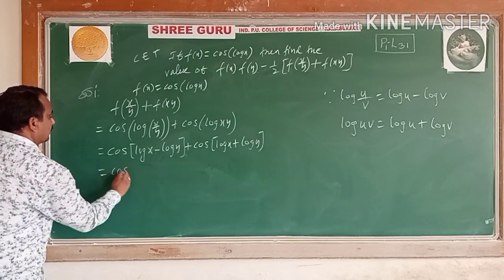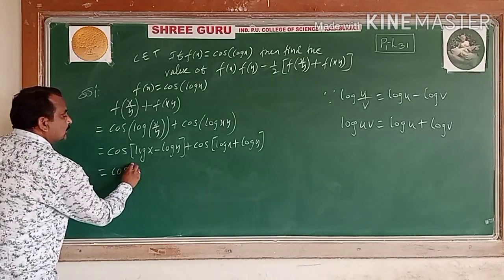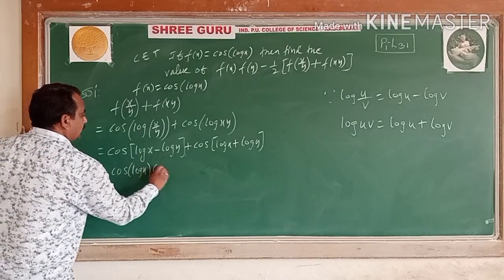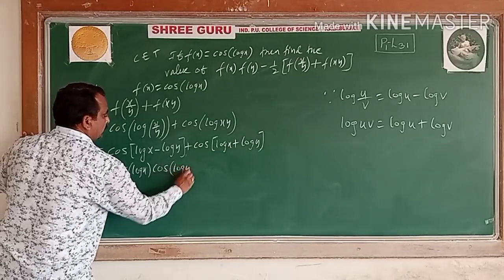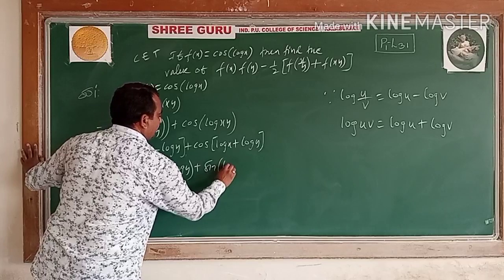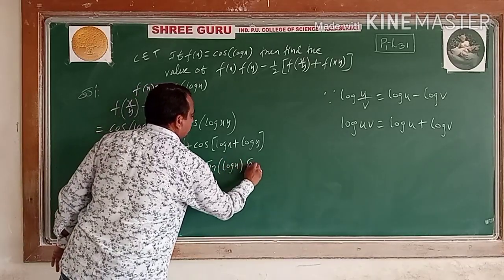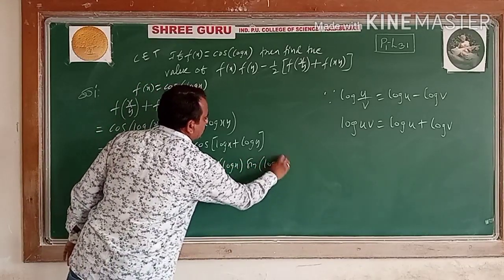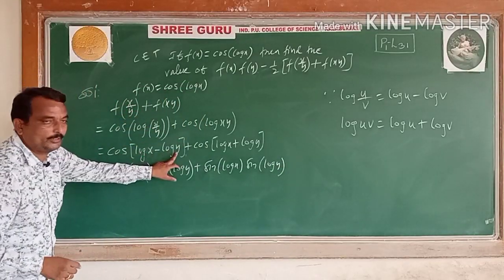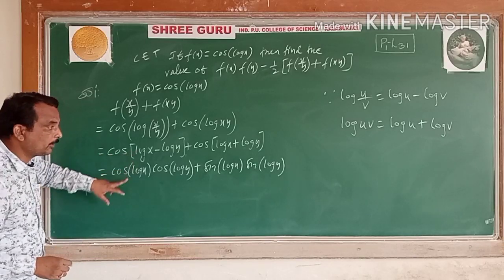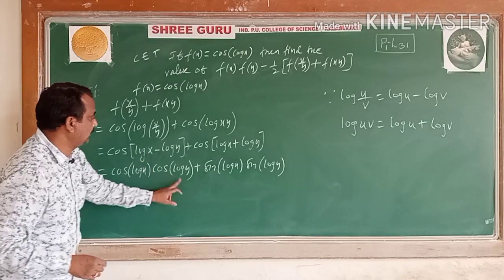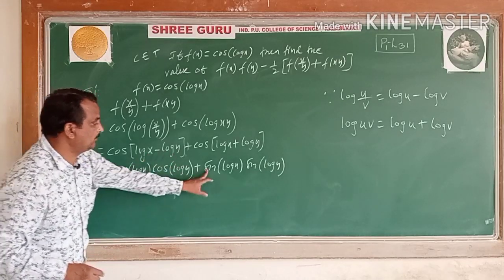Expand the formula, cos x into cos y plus sin x into sin y. Is it clear? This is the expansion of cos of log x minus log y. Cos of x minus y formula, you know, cos x cos y plus sin x sin y.